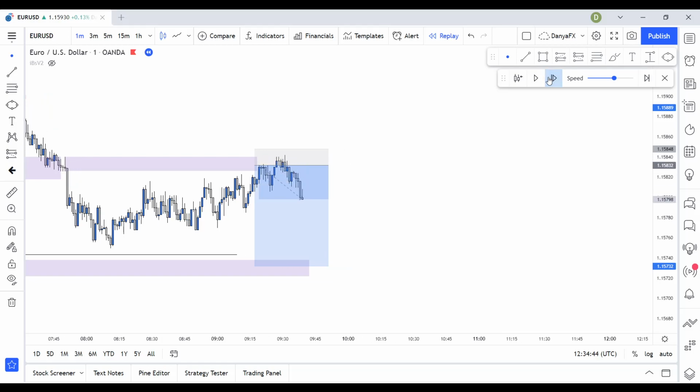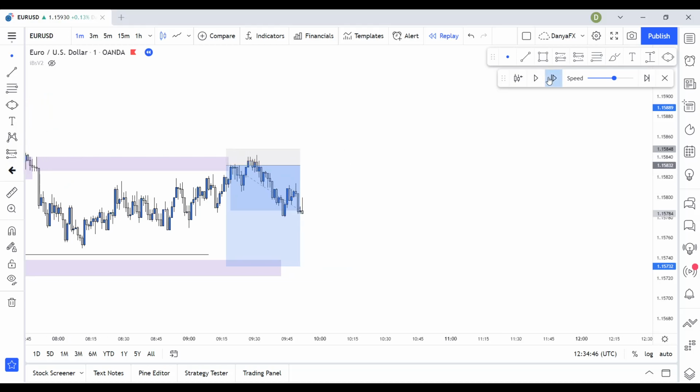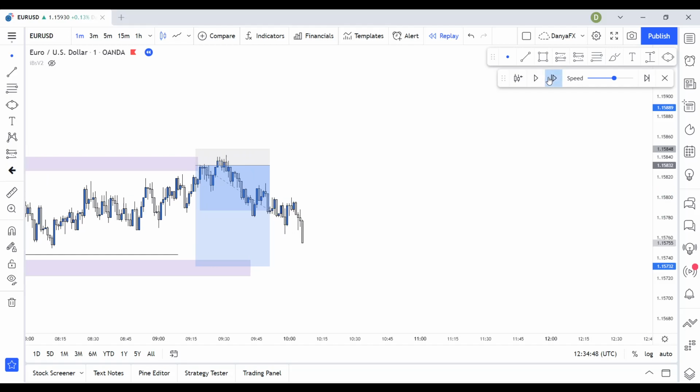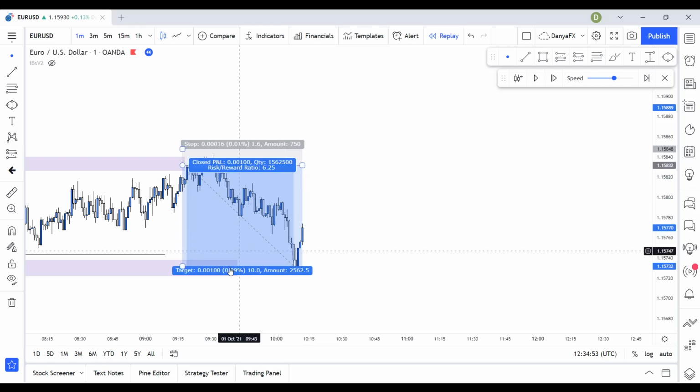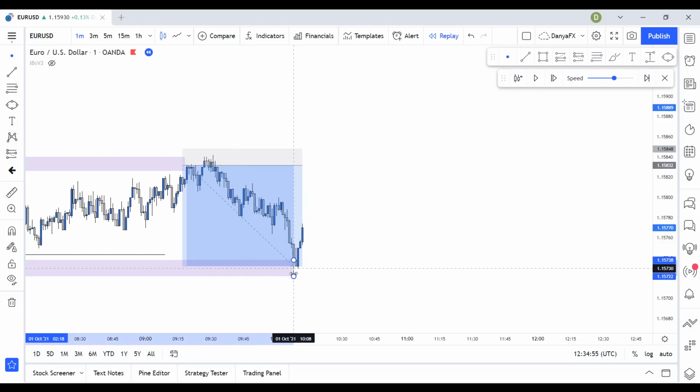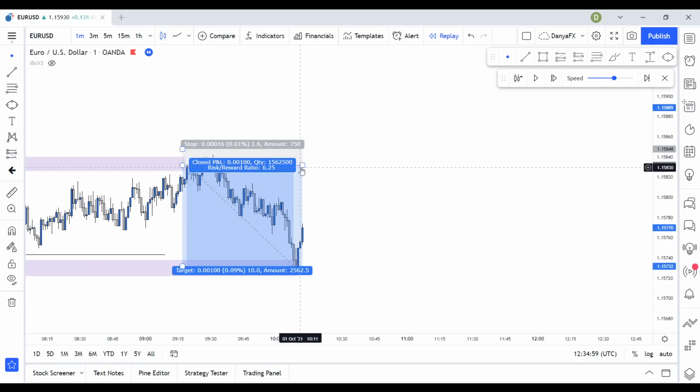We're in a bit drawdown, but then the price does its thing and gets to the take profit. It mitigates the demand that is still in control, kind of.